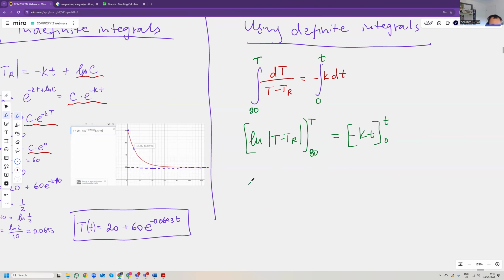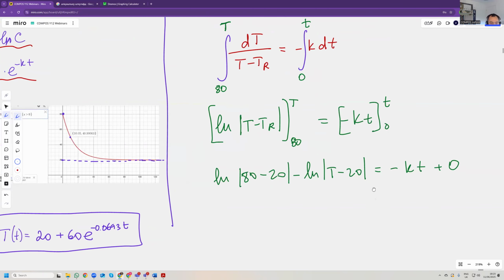So here I can go logarithm of 80 minus 20, because 20 is the temperature of the room, minus logarithm of T minus 20, and that's equal to minus kt plus 0.